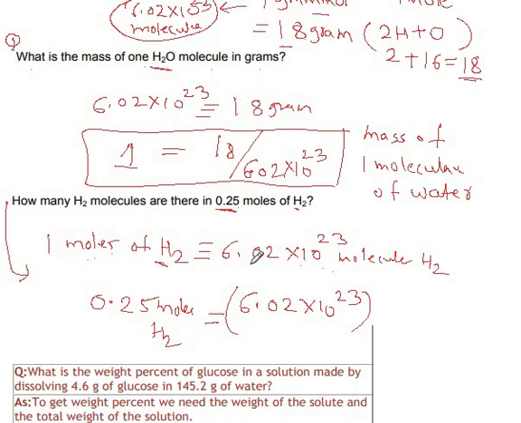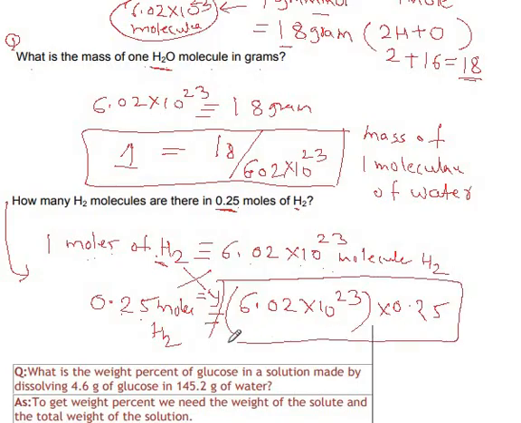See here, 1 mole is this much. 0.25 moles of hydrogen means how many molecules? Suppose you take this value as y. Cross multiplication: y into 1 will be this into this, so you get y as this value into 0.25. So this much number of molecules will be in 0.25 moles of hydrogen. If you are not getting it, I will solve it again.